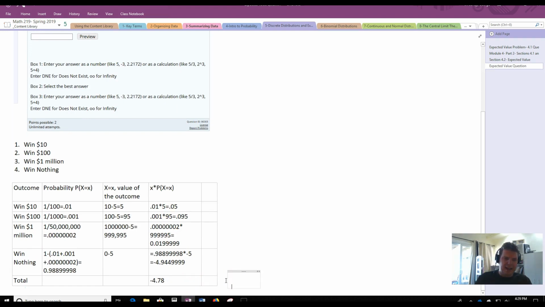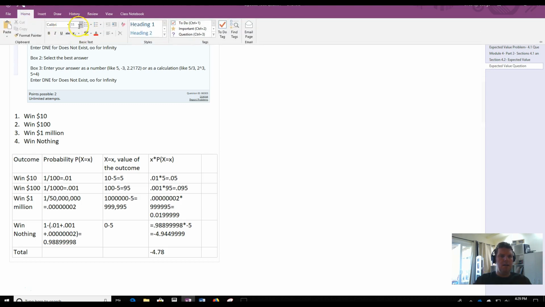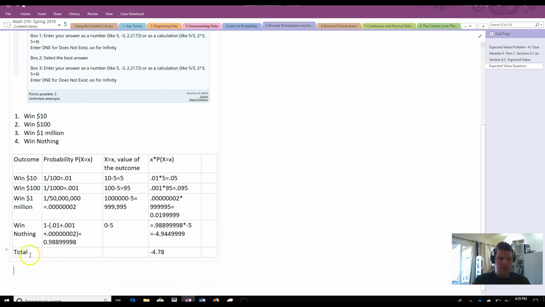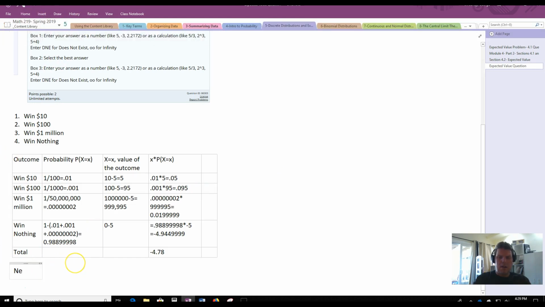So let's write that down, that way we can be real clear about this. Negative expected value implies that we lose money or value every time we do an event.